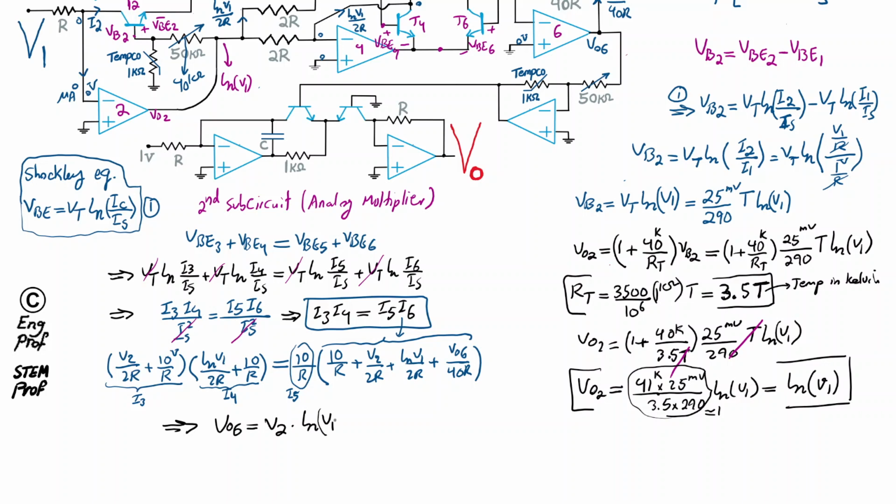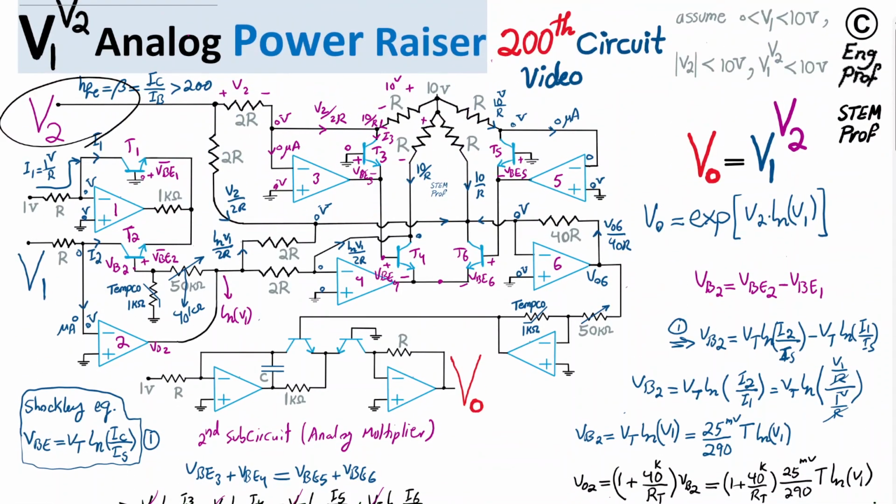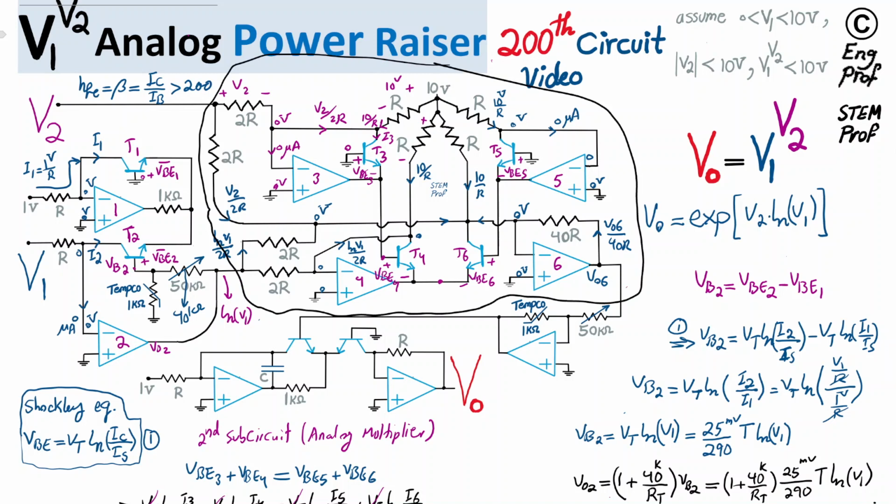So it really does the job of just analog multiplication, because you just multiply the two inputs, which is V2 and ln V1 at the input of the subcircuit, which as I highlighted is this subcircuit, combination of 4 OpAmps, OpAmp 3, 4, 5, 6, and 4 NPN bipolar junction transistors connected this way to form 4-quadrant multiplier.